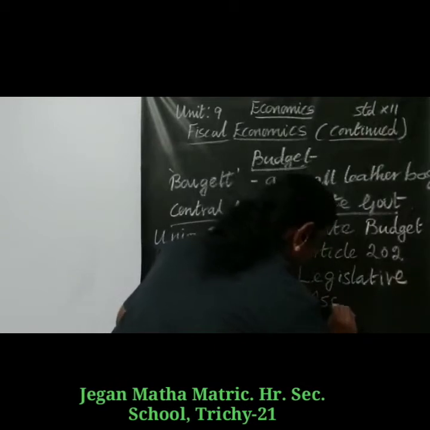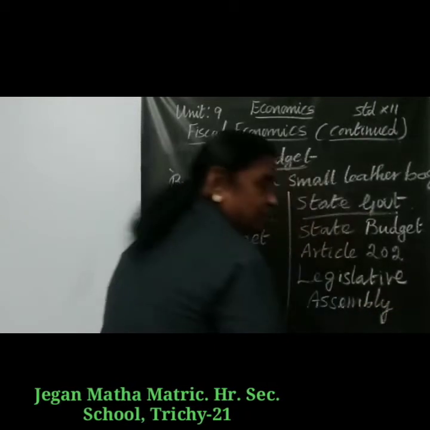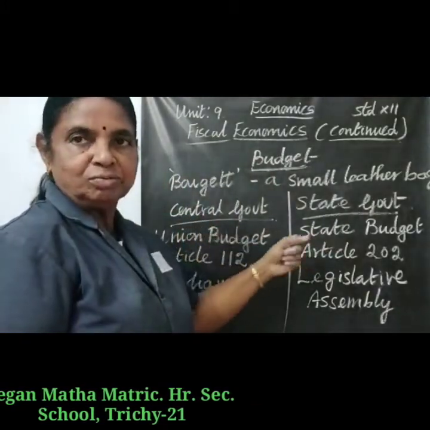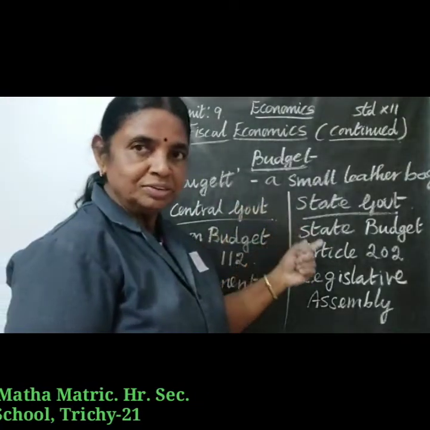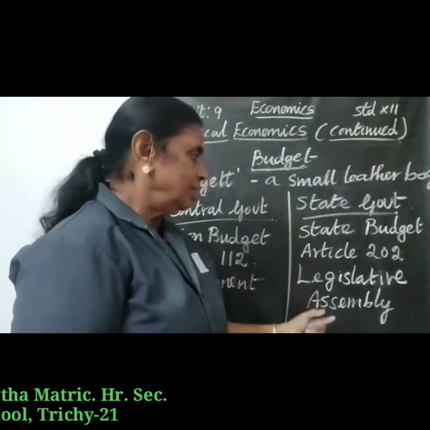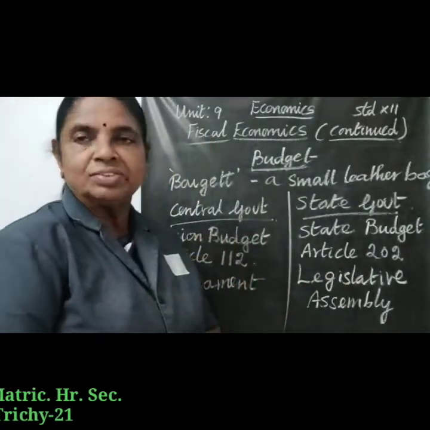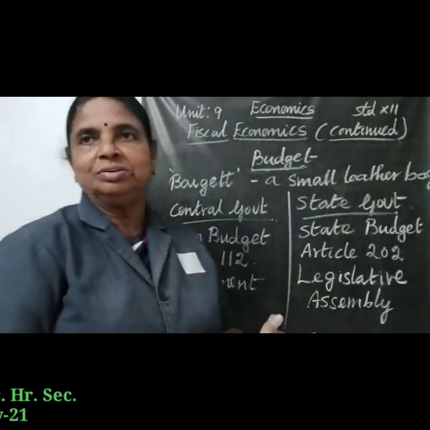So remember, there are two layers of submitting budgets by the central government and the state government. The state government submits its annual financial budget in the Legislative Assembly, whereas the central government submits its annual financial budget in the parliament.